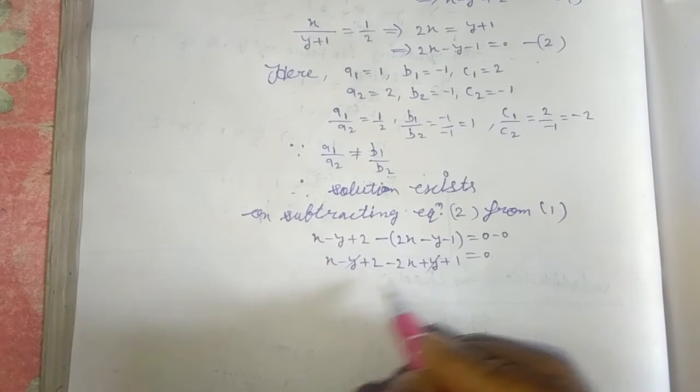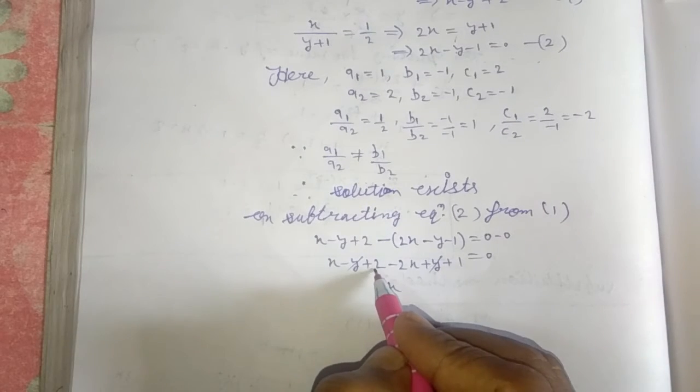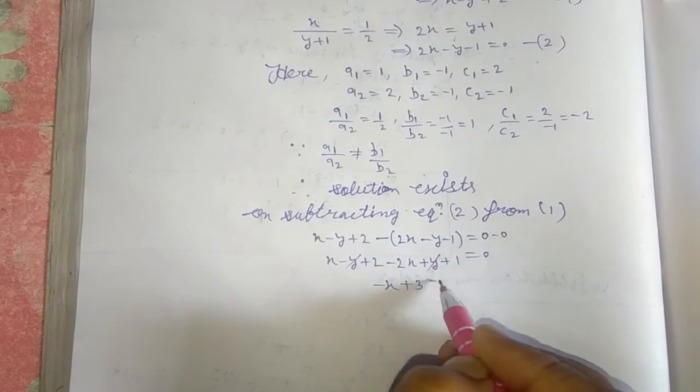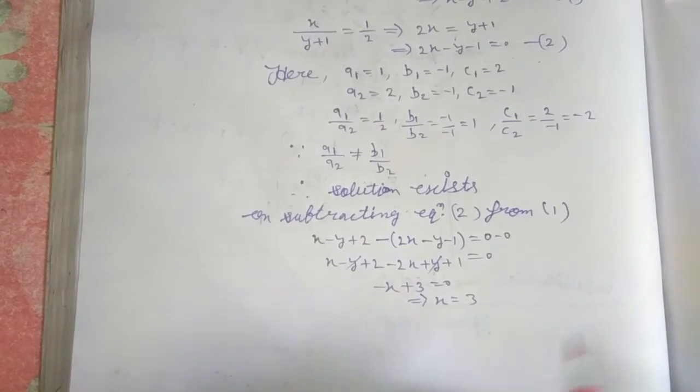So y cancels out. x minus 2x is minus x, plus 2 plus 1 is plus 3, equals 0. This implies that x is equal to 3.